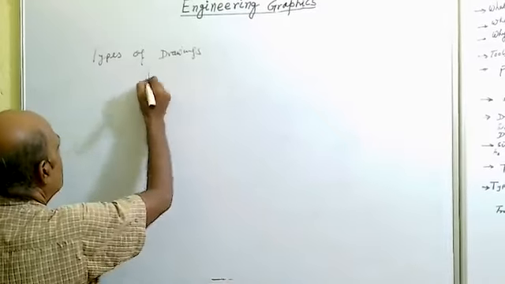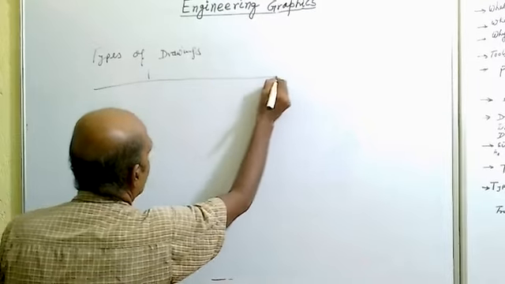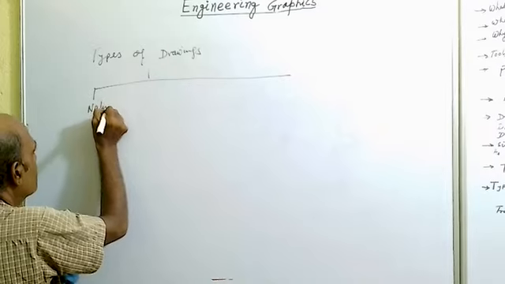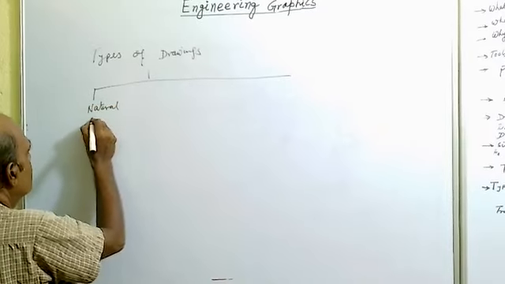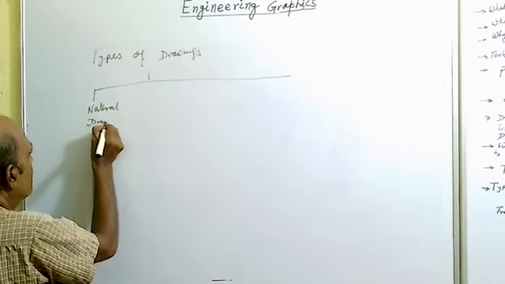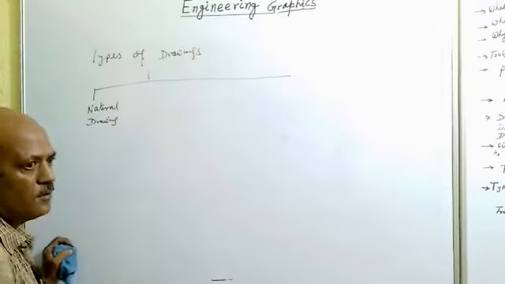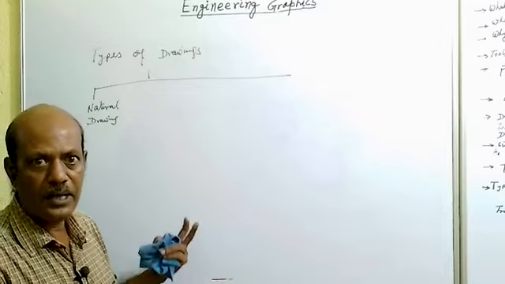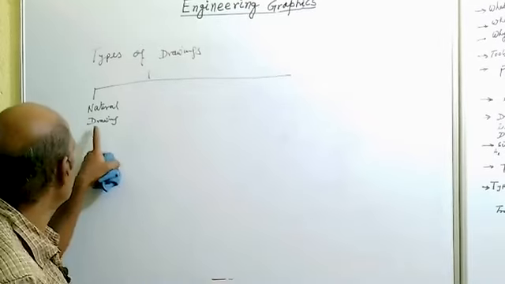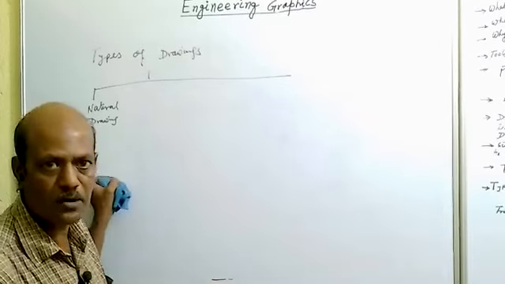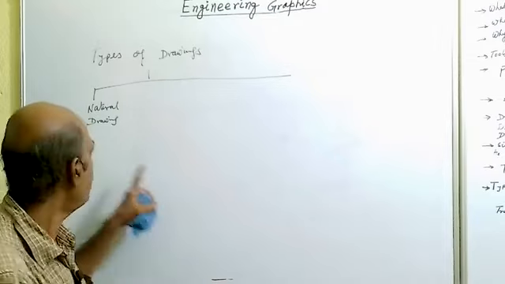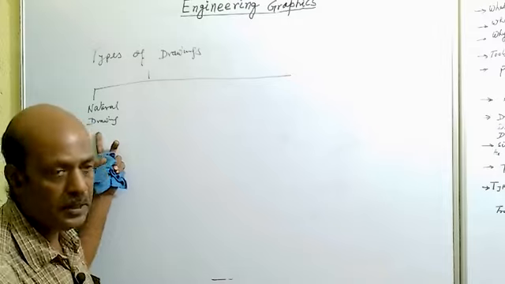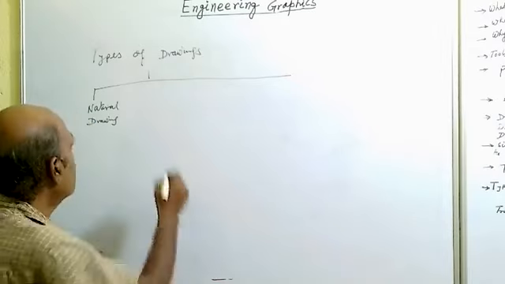If we see, the first is natural drawing. The drawing of a particular area or a scenery comes under the natural drawing.